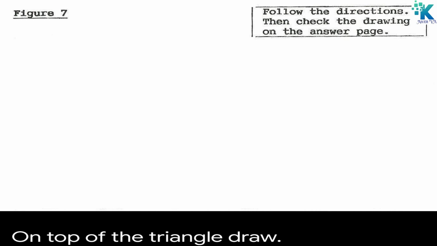On top of the triangle, draw a small circle.